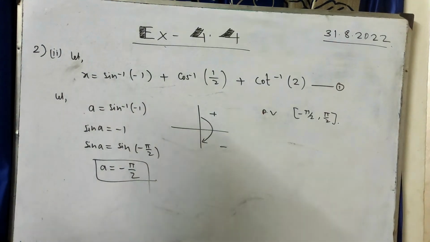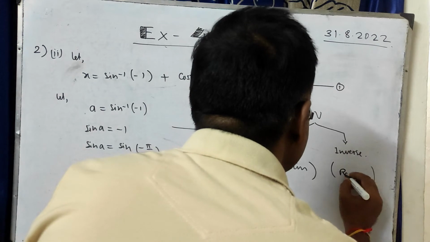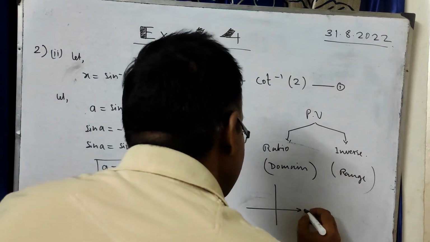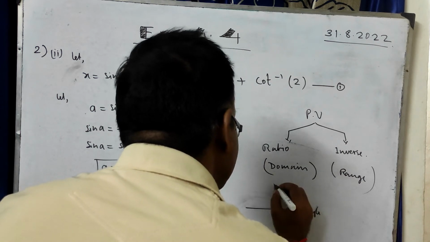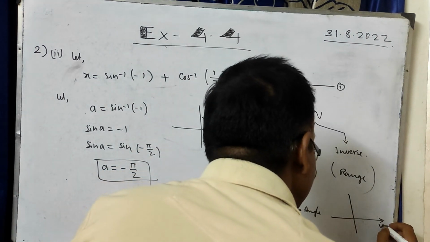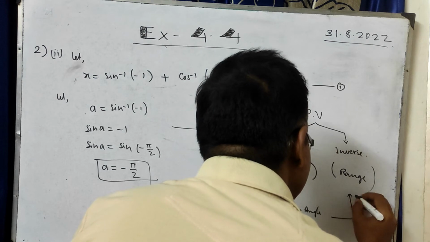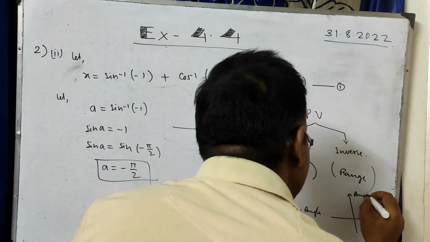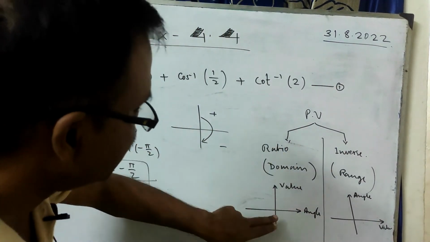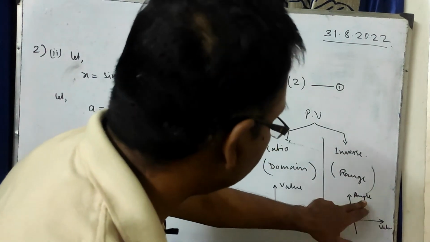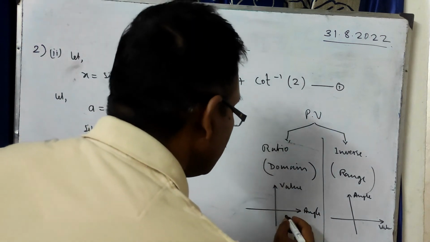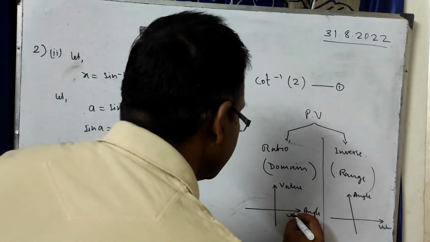Okay, fine. So write it down. After this should be the range, isn't it? This is your angle and this is your value. For the ratio, this is your angle, this is your value. For the inverse, it is just the opposite: this is your value, this is your angle. So for the ratio, the principal value will be only the domain, the angle.